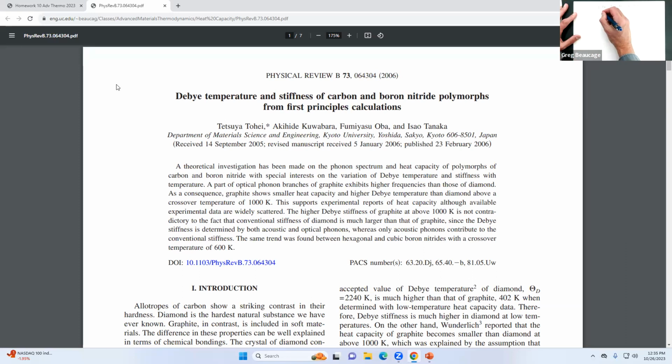And then the angular frequency is the speed of sound times this wave vector, K. The wave vector is a vector. K is 2 pi over lambda, the wavelength, but it's got a direction to it.